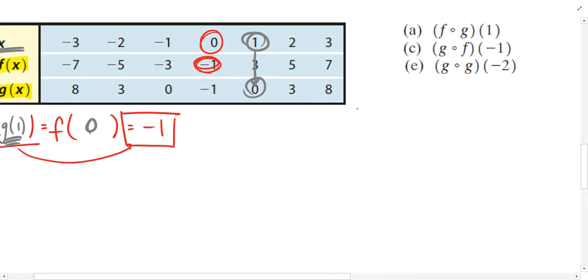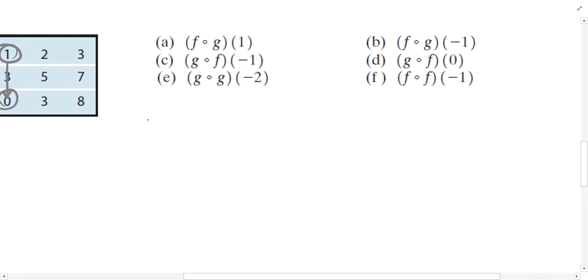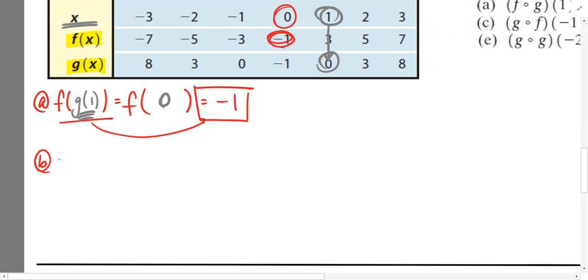For part B, we see something quite similar, f composed with g at -1. So f composed with g at -1 implies that we should evaluate g at -1 first, our inner function, and then take that result and use that as the input for our outer function.